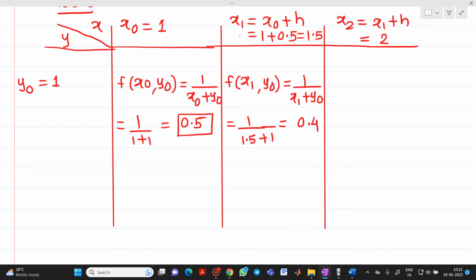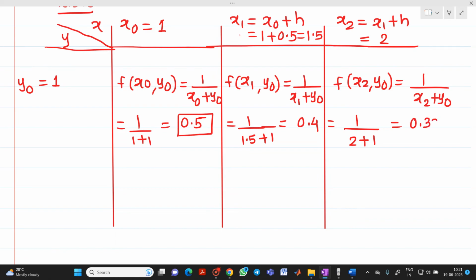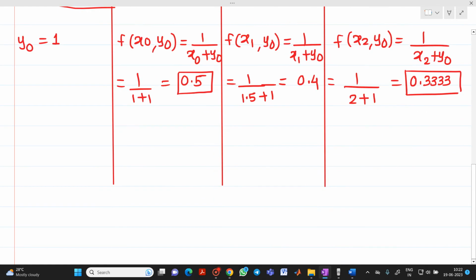Next is f of x2 comma y0, which will be 1 upon x2 plus y0. If you substitute the values, x2 is 2 and y0 is 1, so you will get the answer as 0.3333. Let me keep this answer in a box. So this is for y0 equal to 1.